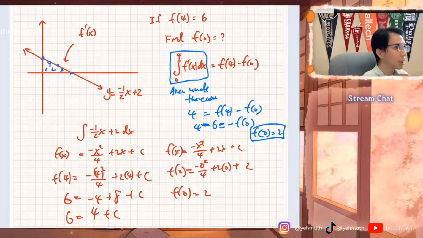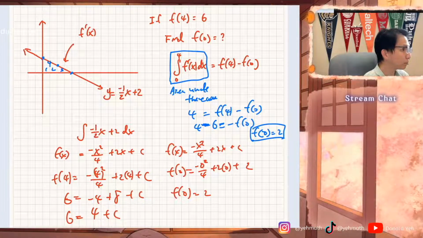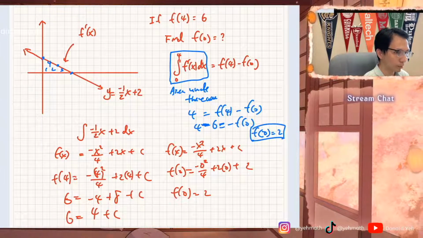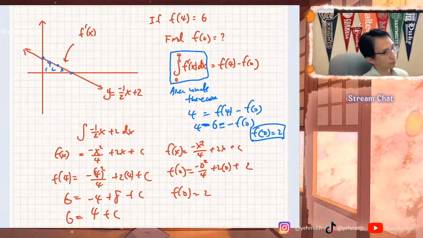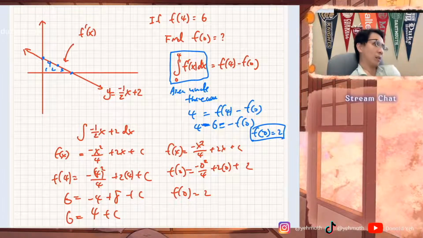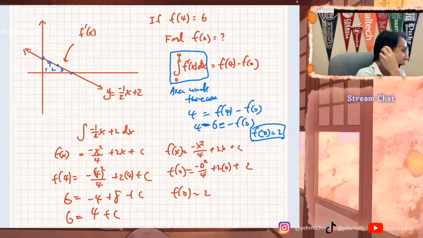The idea of the fundamental theorem of calculus: you know f of 4 is 6, and the area between 0 and 4 is 4, so you subtract. Oh, okay, I see that.